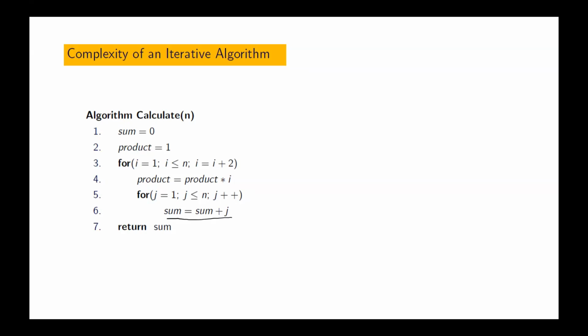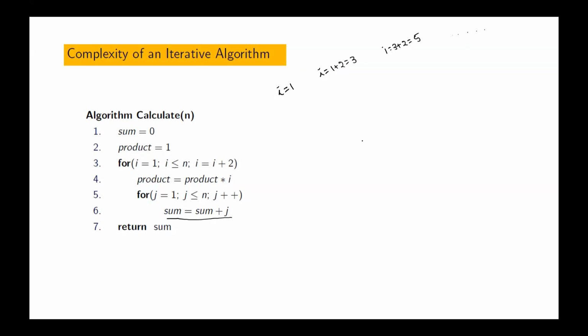So here, unlike previous examples, i is i plus 2. First i equal to 1, what is the next value of i? 3. Next value of i? 5. For odd numbers only it is doing, no?